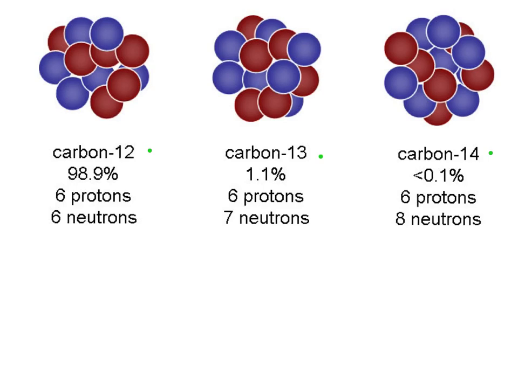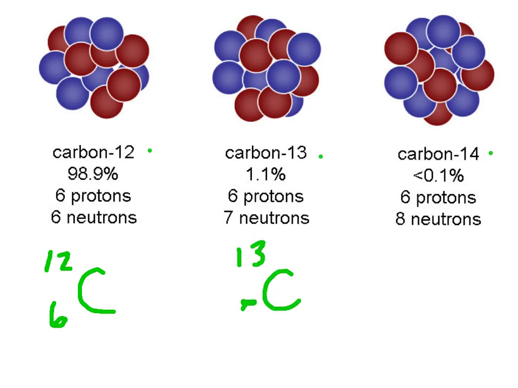So carbon-12 means it has a mass of 12. So it has 6 protons and 6 neutrons. We know that carbon is atomic number 6. So it's going to have 6 protons, no matter which isotope of carbon it is. But if it's carbon-12, that tells me that it has 6 plus 6 in its nucleus, so it must have 6 neutrons.